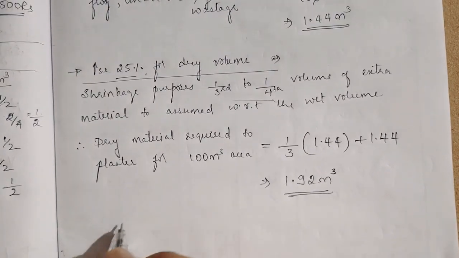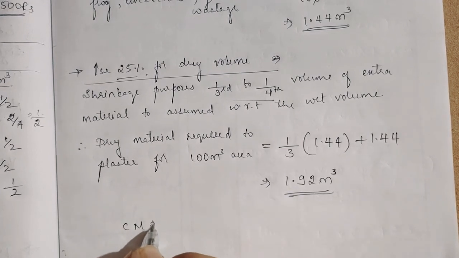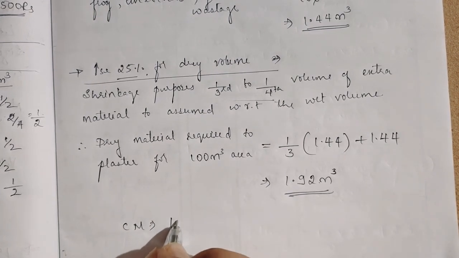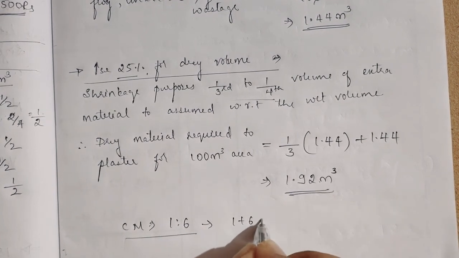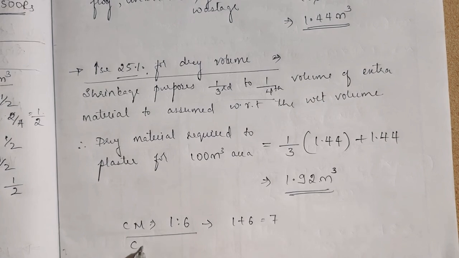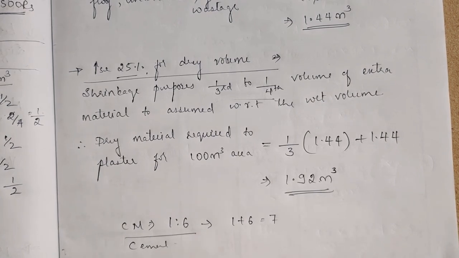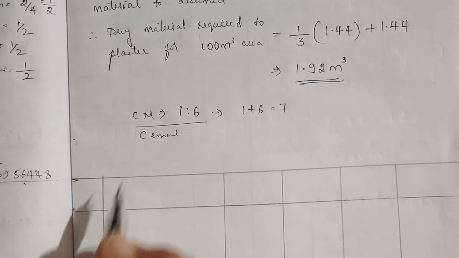How much ratio have they given? They have given the cement mortar ratio as 1:6. So 1 plus 6 will be 7. So for cement it will be, I'll do it in the tabular column only.